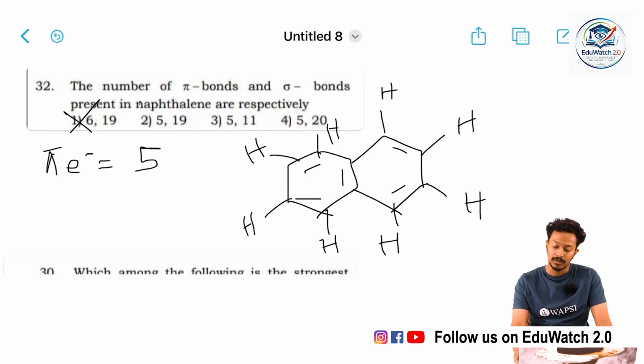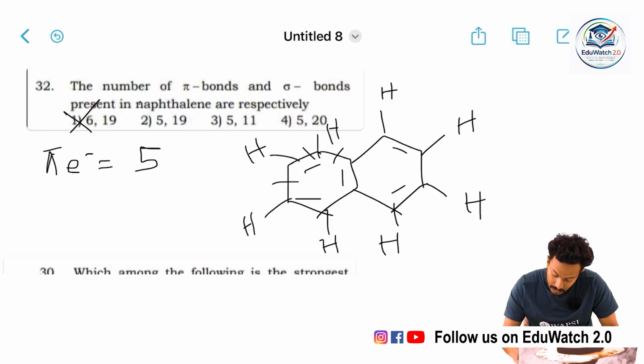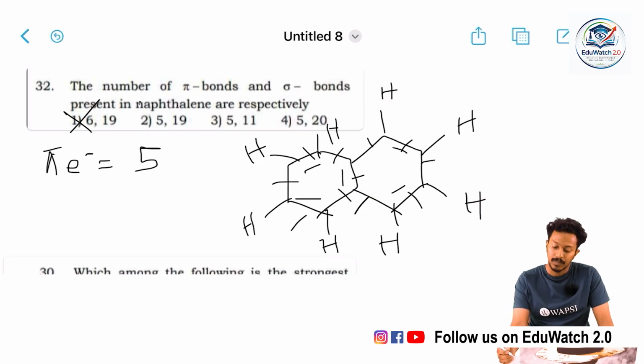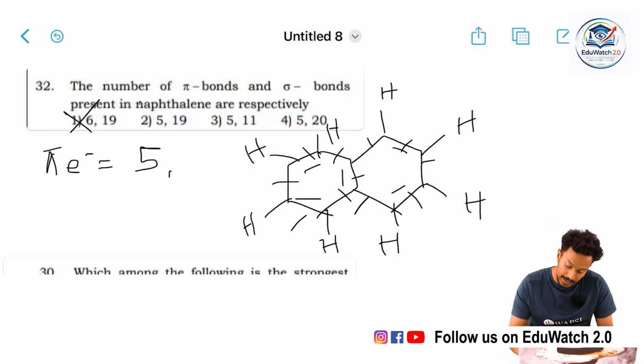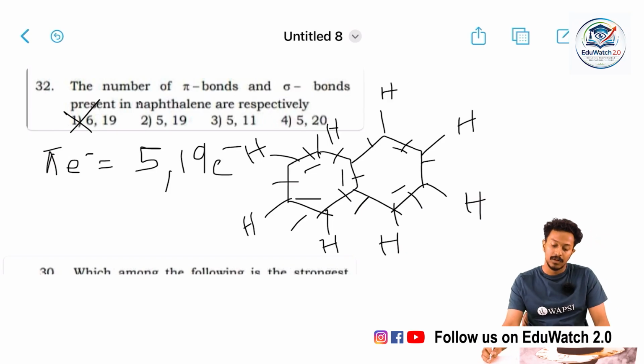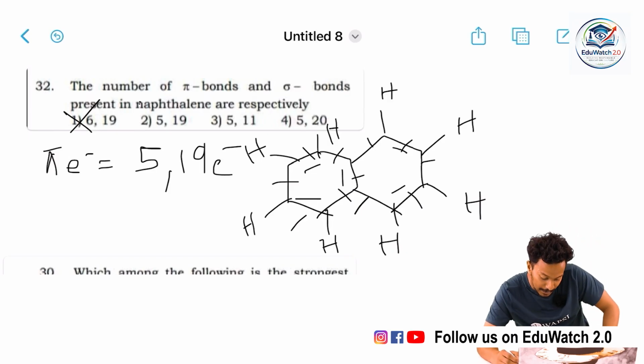Along with that, 1, 2, 3, 4, 5 and 6, 7, 8, 9, 10, 11 carbon-carbon sigma bonds. 11 plus 8 gives 19 sigma bonds. So the correct option for this question is 5 and 19, which is option number 2.